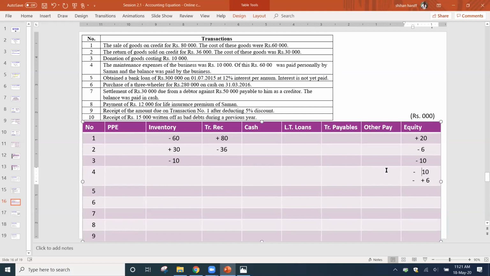And cash paid, business has paid 4,000. So fourth transaction, cash minus 4,000, capital plus 6,000, equity minus 10,000. This is maintenance expense.